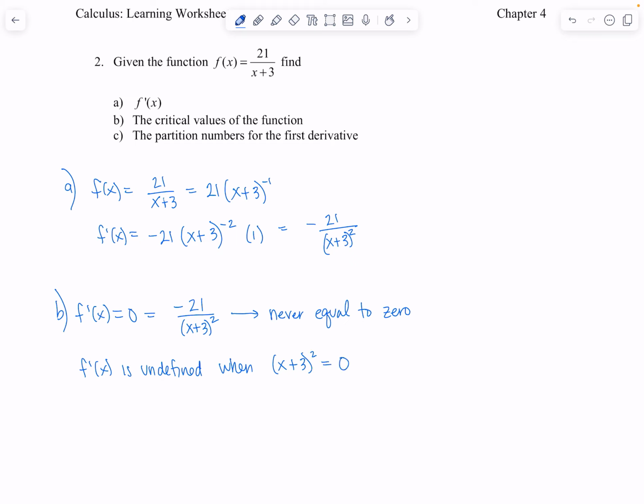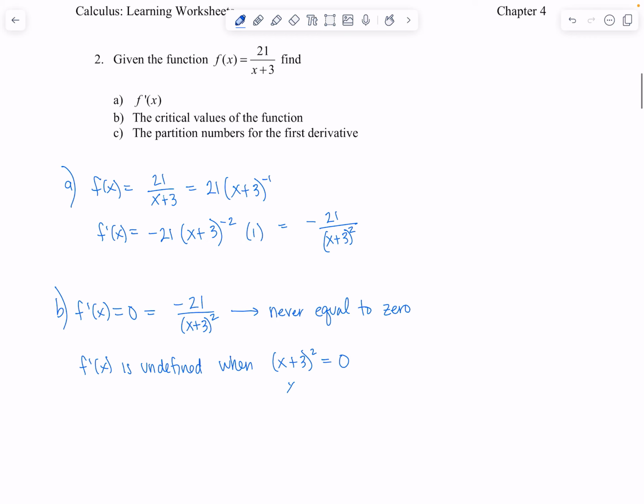Okay, and this will happen, so if we square both sides, then it will happen at x equals -3.